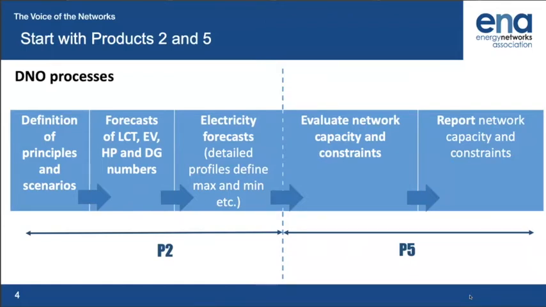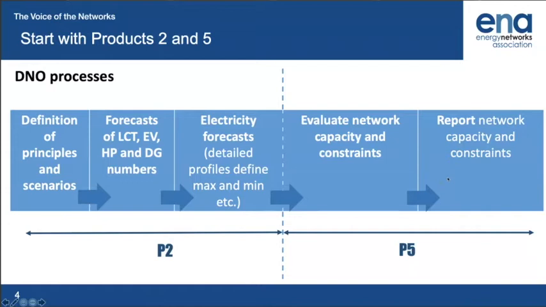We thought we would start with products 2 and 5. Product 2 picks up the future energy scenarios, and product 5 is about how our network companies go about identifying capacity limitations.